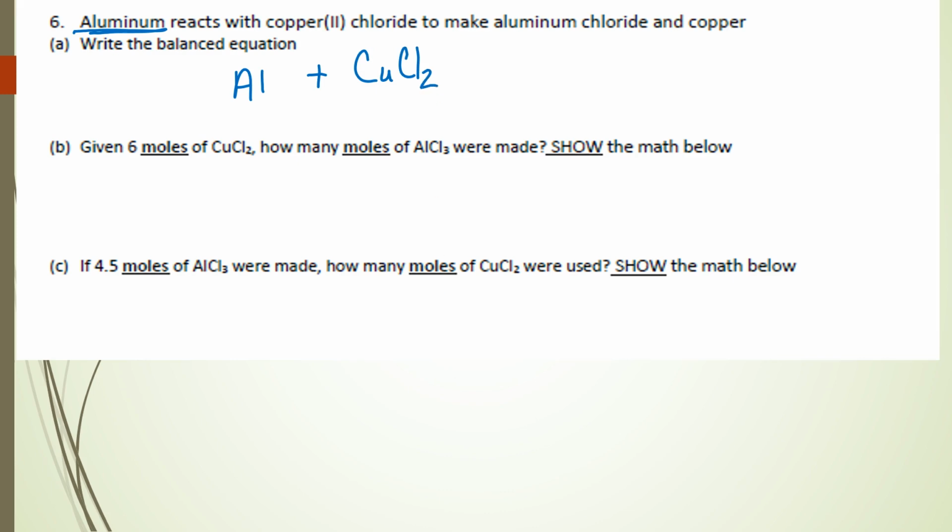How do I know it's going to take 2 chlorines to react with 1 copper there? Copper is a +2 charge. All right, so aluminum reacts with copper 2 chloride to make, so that's my arrow, aluminum chloride.